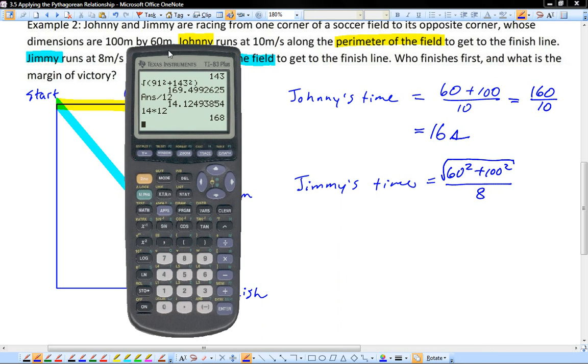So let's see how long it takes Jimmy. So the square root of 60 squared plus 100 squared divided by 8 is equal to approximately 14.58 seconds.